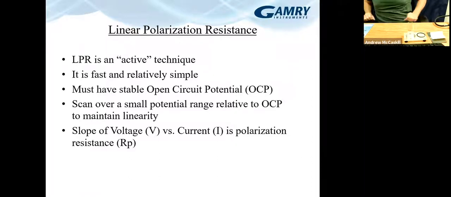Electrochemical systems are highly nonlinear systems, but if you stay close in this range, then you can get a linear response that makes the data analysis and the math much, much simpler. And essentially, what we're going to do is make a graph of voltage versus current, and the slope of that is going to be the polarization resistance, simply applying Ohm's law, V equals IR. R is going to be the slope.